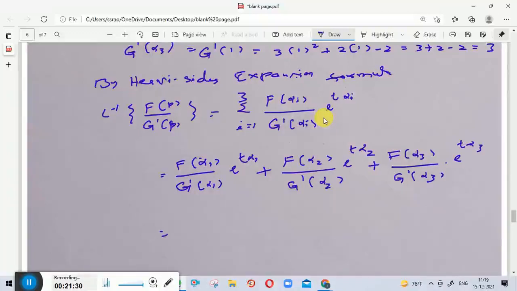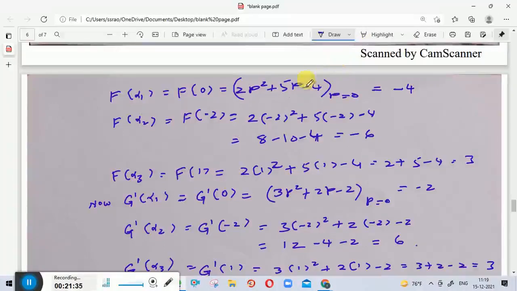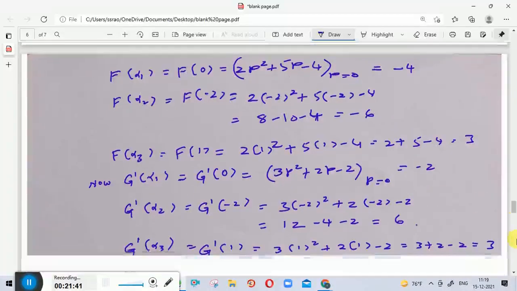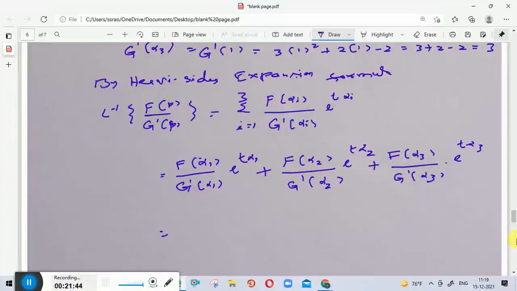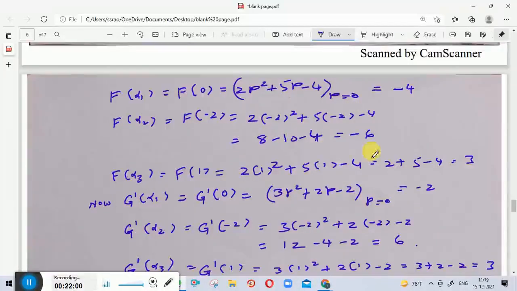Okay. Now what is the value of f of alpha 1 here? f of alpha 1 is minus 4. g dash of alpha 1 is minus 2. So minus 4 by minus 2. Next, e power t into alpha 1 is 0, plus f of alpha 2 by g dash of alpha 2. f of alpha 2 is minus 6, g dash of alpha 2 is 6.